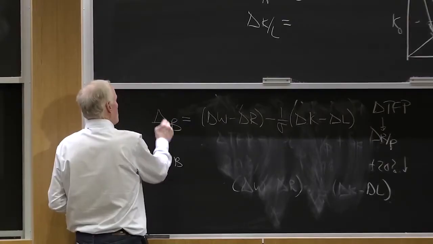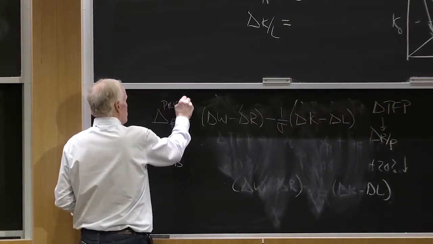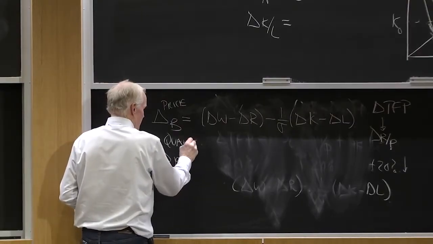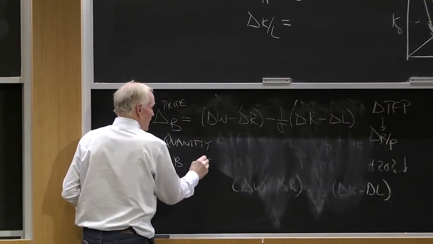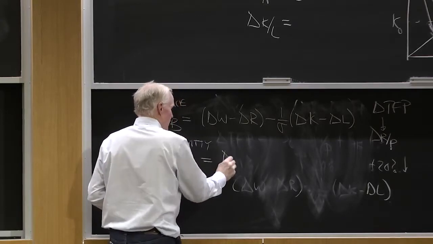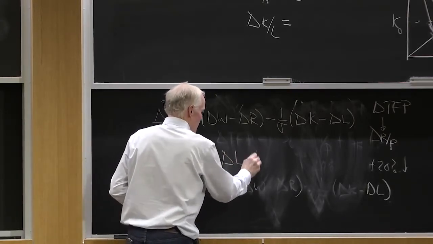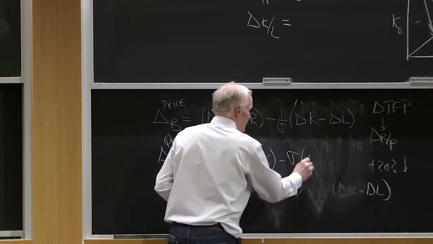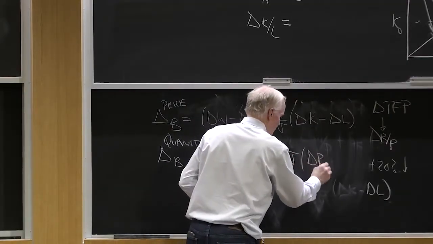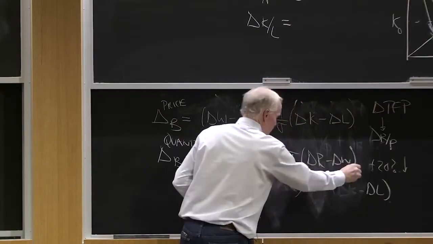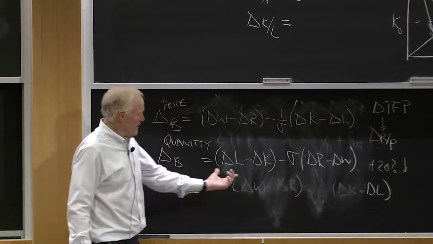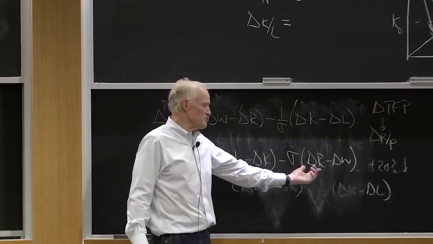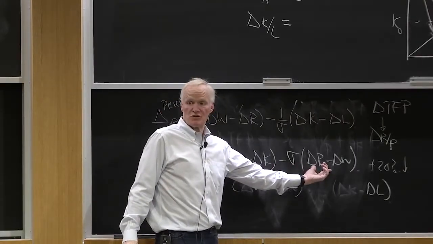Or you can write it delta B. This would be the price measure. If you want to measure it in quantity space, it would be delta L minus delta K minus sigma times delta R minus delta W. Okay, because this would be the increase in the labor to capital ratio minus what you'd expect based on substitution, right?